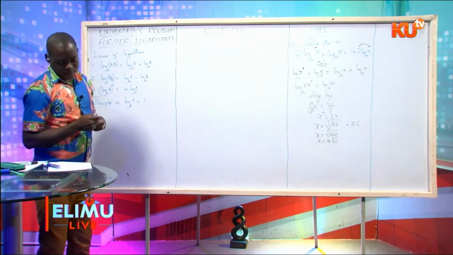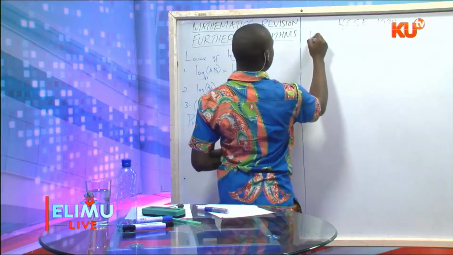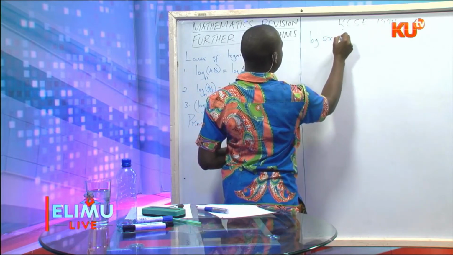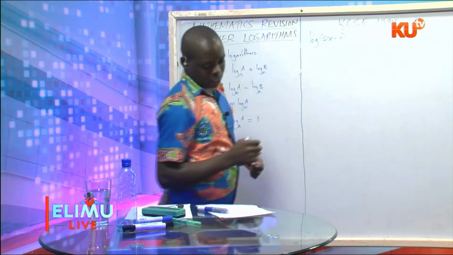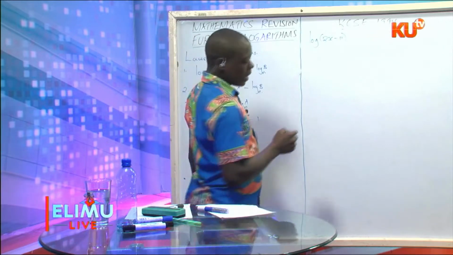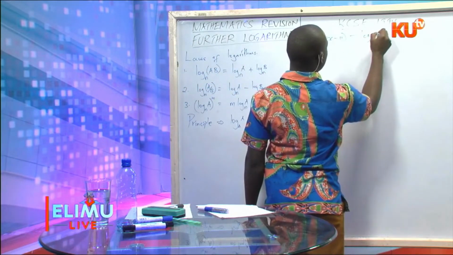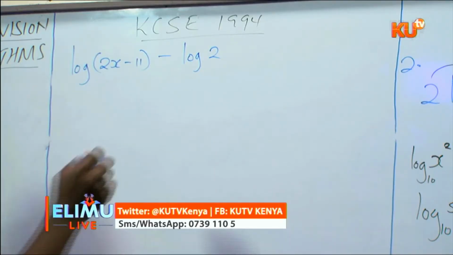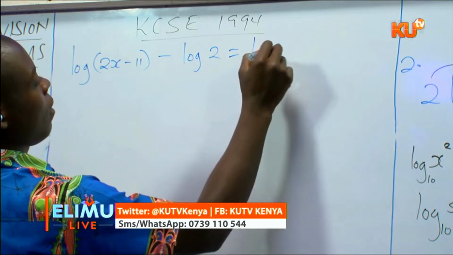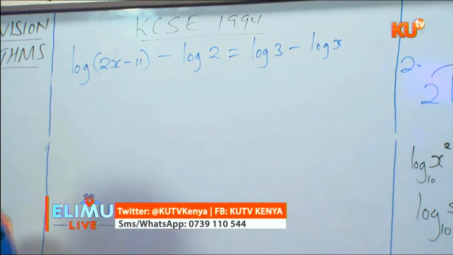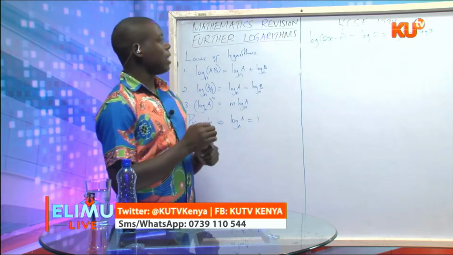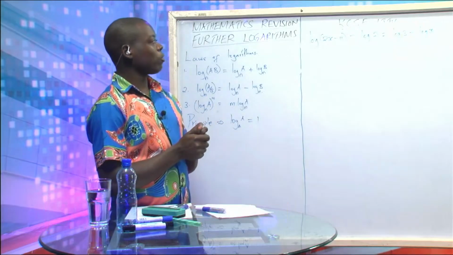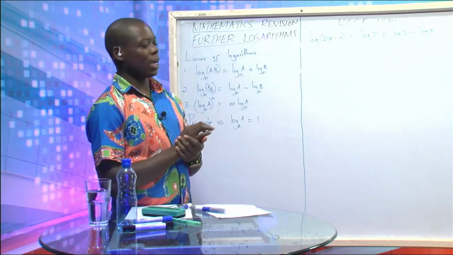We have log (2x minus 11) minus log 2 is equal to log 3 minus log x. That is now what was captured in 1994.